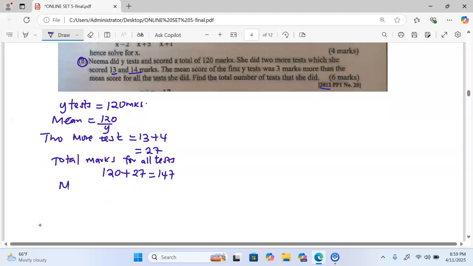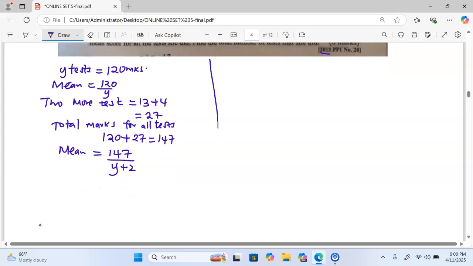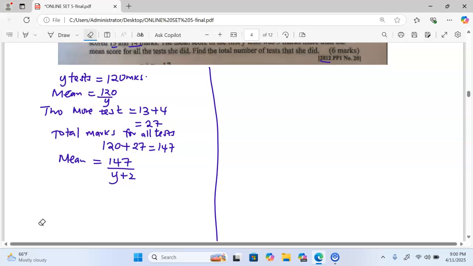So getting now the mean for all the tests, we are going to have 147 divided by the total number of tests done, which is y plus 2. Once we are through with that, we can now move down and answer this question.